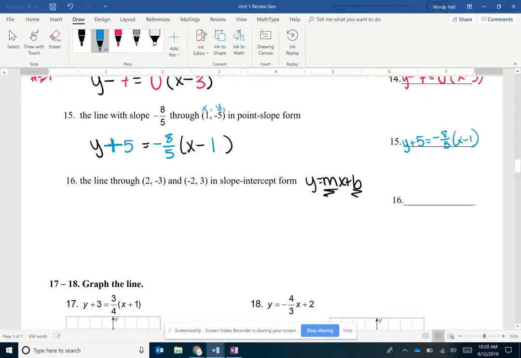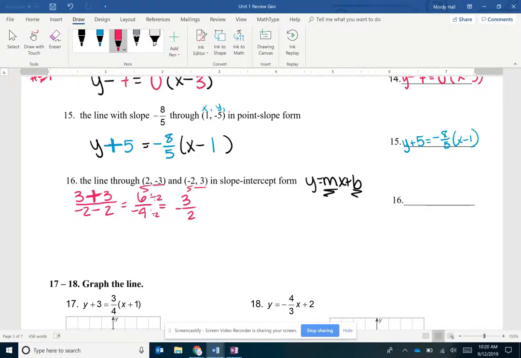So starting with the slope, we're going to have 3 minus negative 3 divided by negative 2 minus 2. Negative 3 minus 3 becomes a positive, so I have 6 over, and then negative 2 minus 2 is 4. So then we can divide the top and the bottom by 2, so that becomes 3 over negative 2.